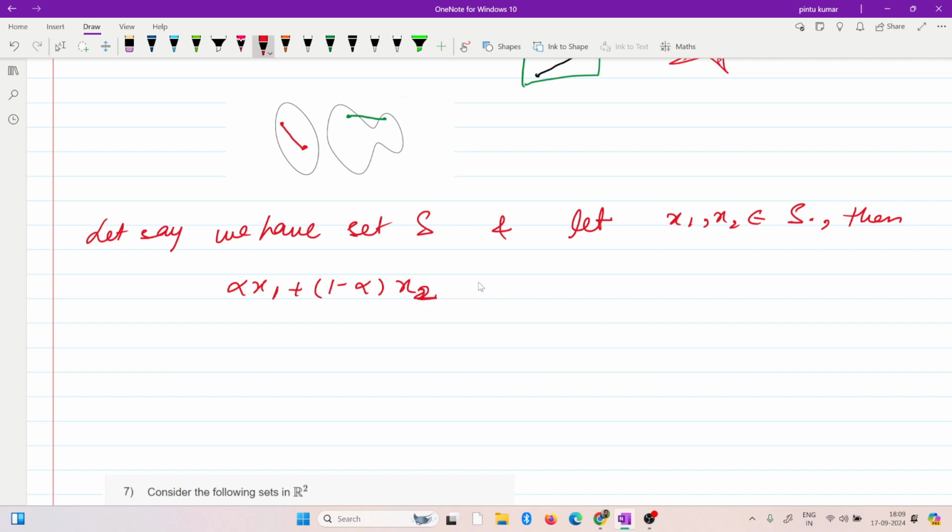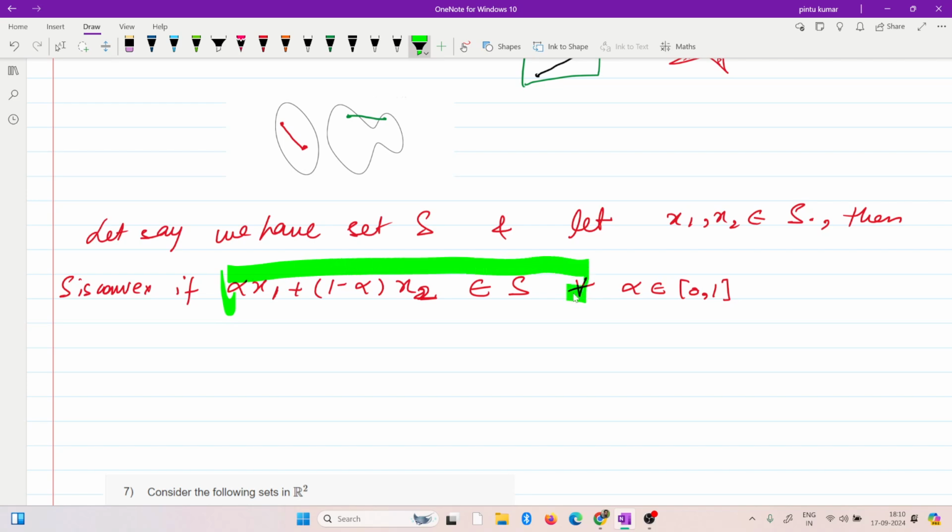This belongs to your set S for all alpha in the range 0 to 1. Then S is convex if this condition is satisfied for every pair of x1 and x2, and we call our set S a convex set.